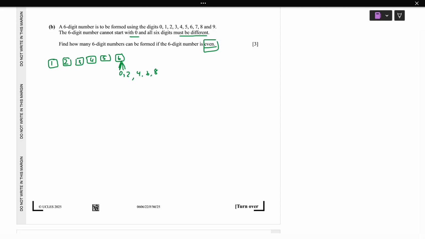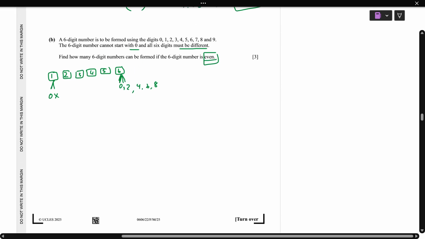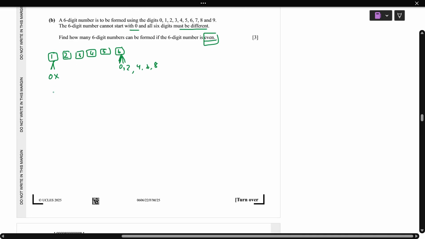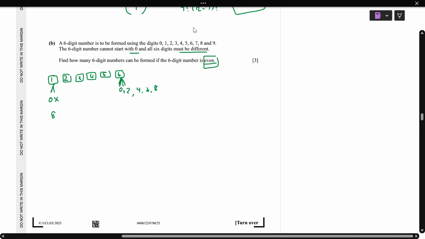Okay, next I'll go for the first digit. The first digit cannot be 0. Already we chose the last digit as one unit, so the first digit cannot be 0, and the other number is gone because already we chose the last digit as even. So the rest there are 8 numbers, because there are 10 possibles total: 0, 1, 2, 3, 4, 5, 6, 7, 8, 9.